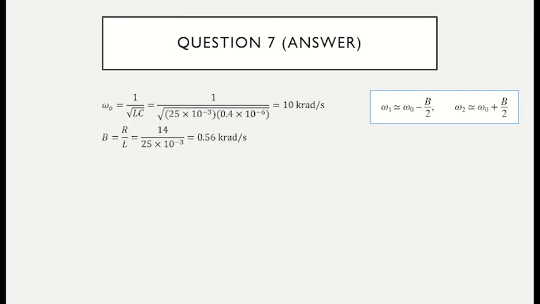What you can use to find this upper and lower cutoff frequency is your two half power equations. And in order for you to apply these equations, you need to find the resonant frequency as well as the bandwidth. So similar to the previous problem, you just go to the table of series RLC and solve for these two parameters, and then apply them to find the two half power frequencies.